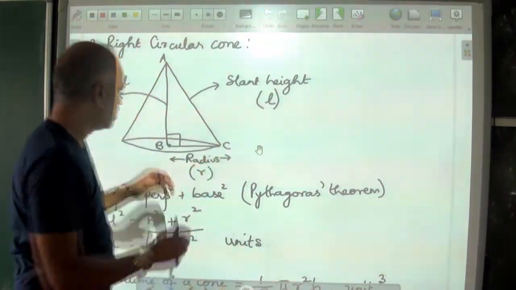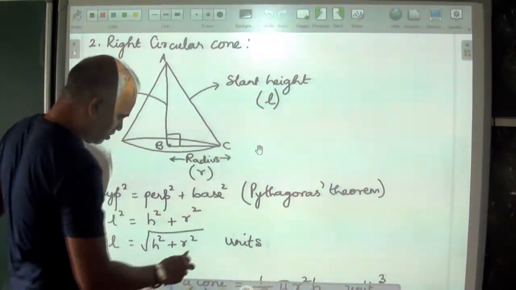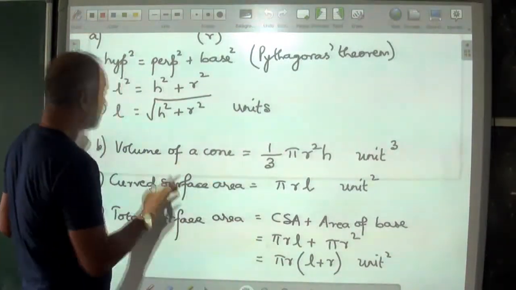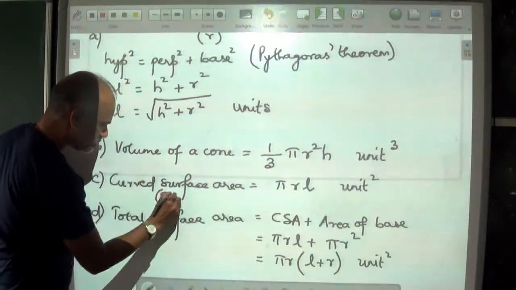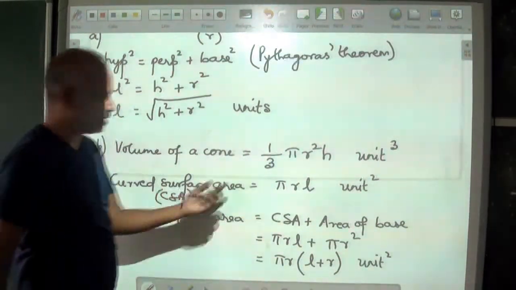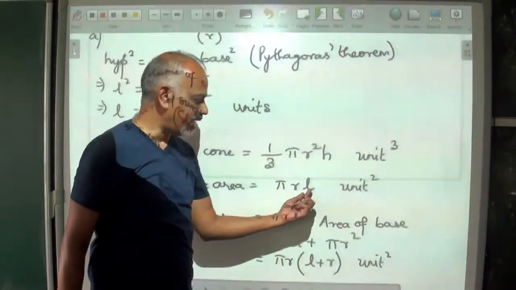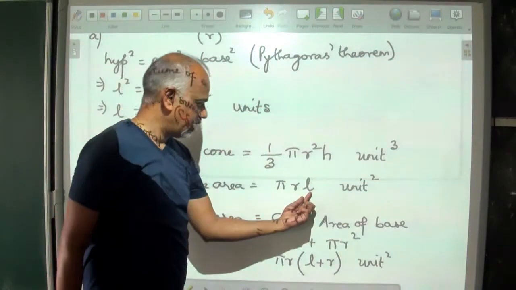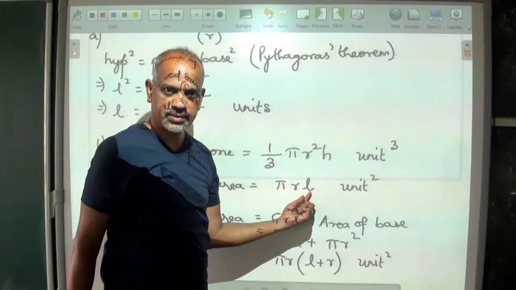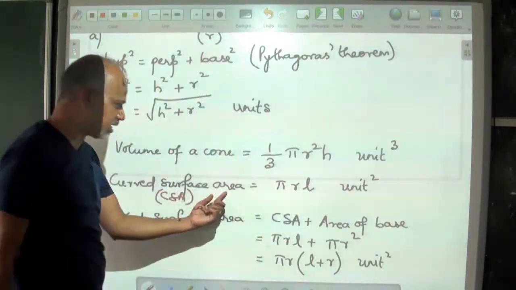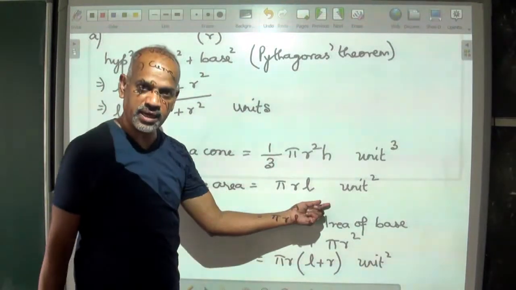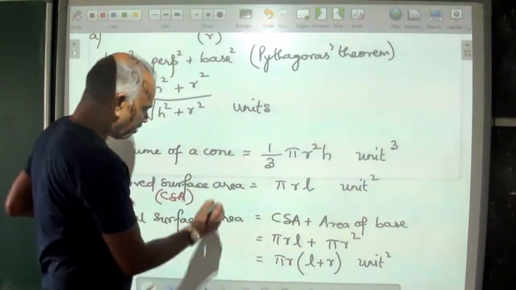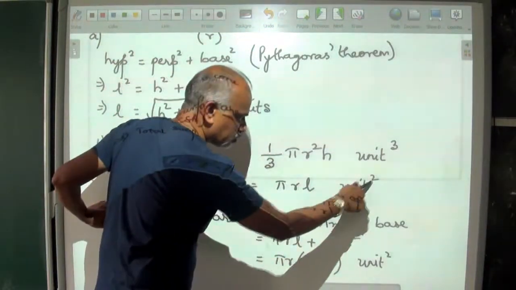So curved surface area, short form CSA, is given as pi r L. Pi is 22 by 7, r is the base radius of the cone and L stands for slant height. To find curved surface area, you have to know radius and slant height, not the vertical height. Because you are finding area, unit is unit square.